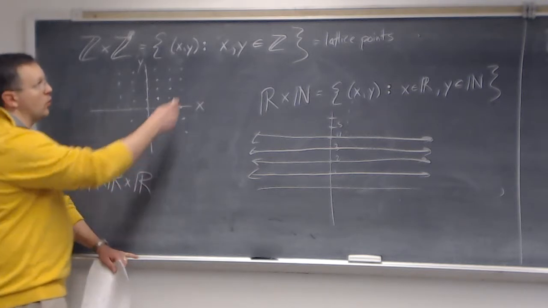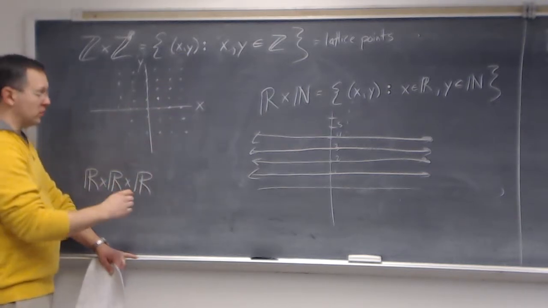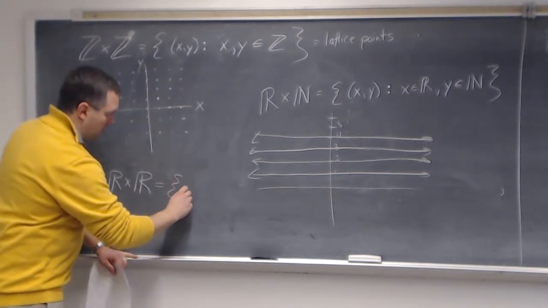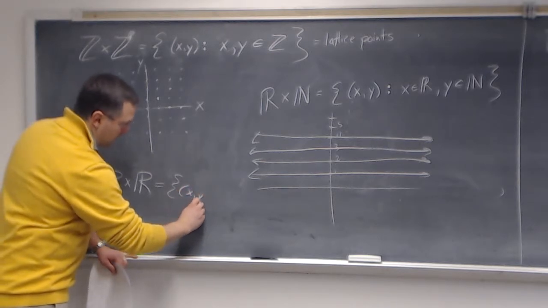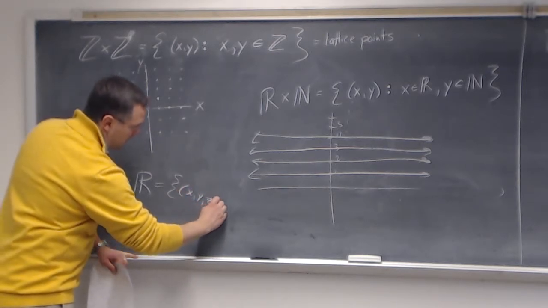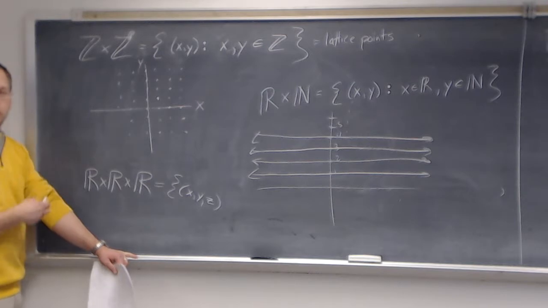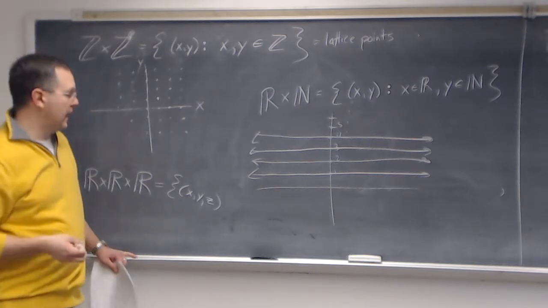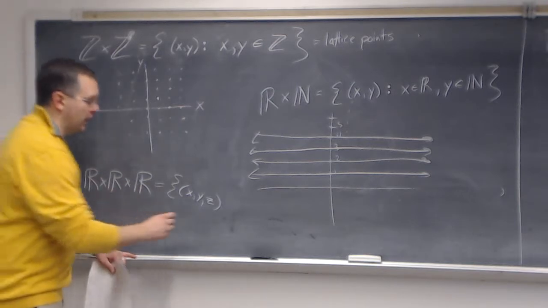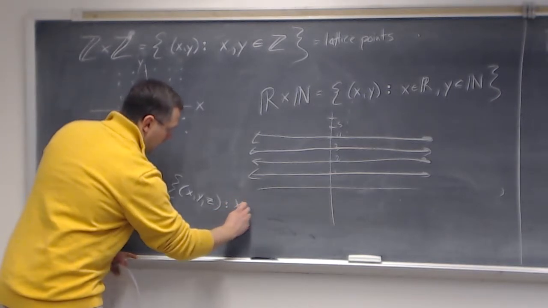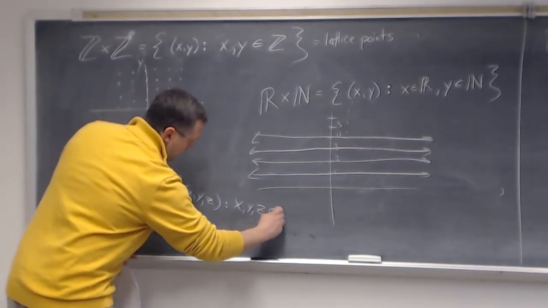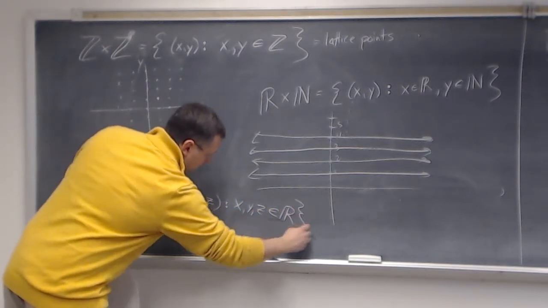So instead of an ordered pair, you have ordered triples, we call them. So the points (x, y, z), usually the common letter we use for the vertical axis, such that x, y, and z are real numbers.